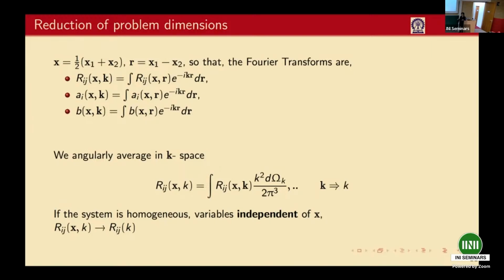So the system is such that the isotropy is maintained basically in the fully turbulent stage. Okay, so the system is homogeneous, and that's why we can drop this center of mass coordinate, because it is translationally invariant.